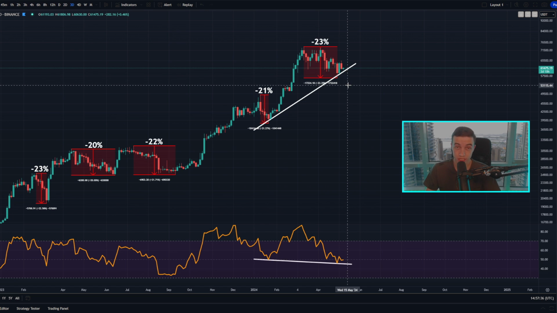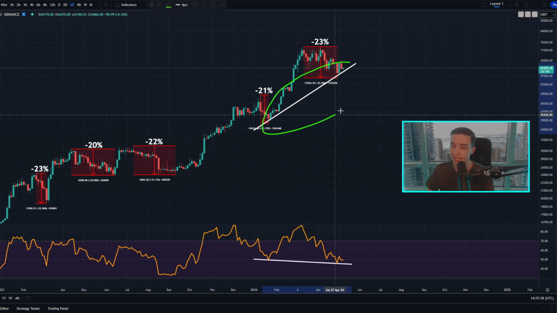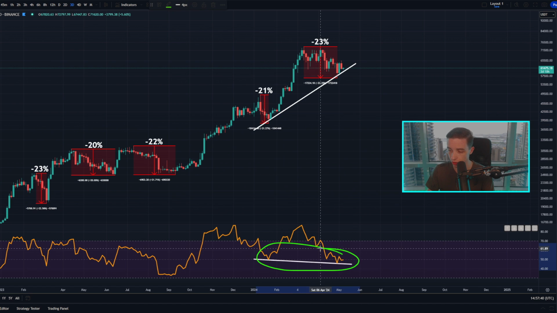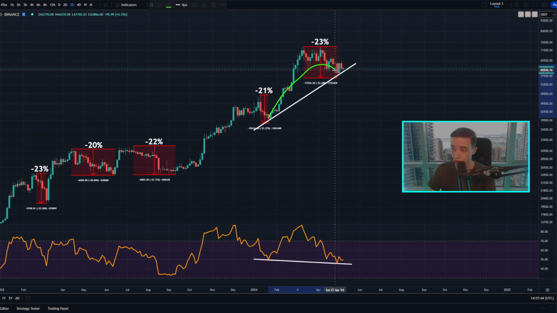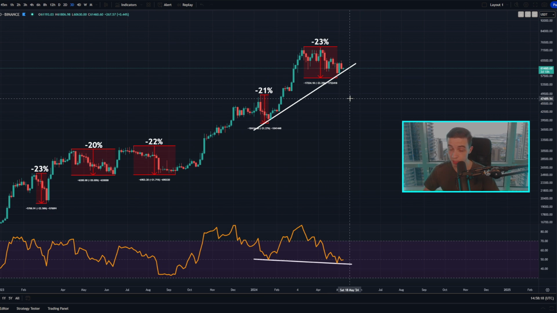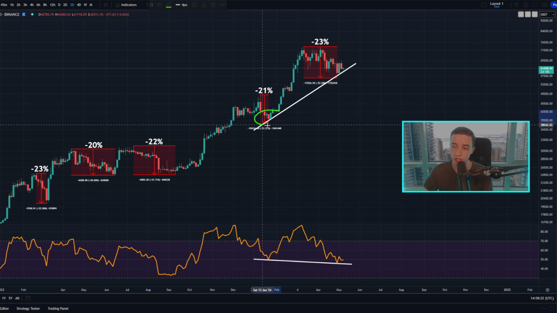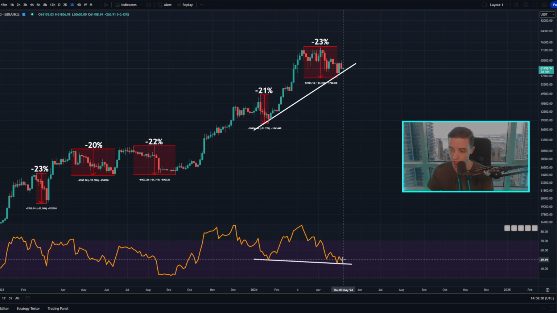But as I also said in my last video, we potentially have a hidden bullish divergence here on the chart with lower lows in the RSI and higher lows in the price of Bitcoin. And there's some people that are still confused between bullish and bearish divergences. So basically, if we're talking about the lows in the price of Bitcoin and the lows in the RSI, so a divergence between the lows, then it doesn't matter if we're talking about lower lows or higher lows.